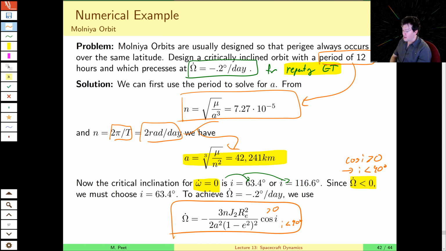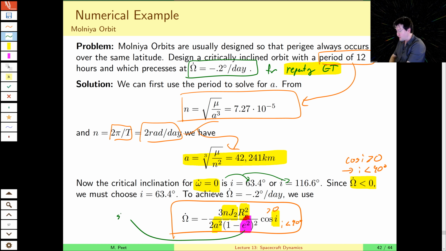Okay. And so we now have, right? This is fixed. This is fixed, obviously. Fixed. The only thing we have that's not fixed is eccentricity. And so we're going to use that to determine this.